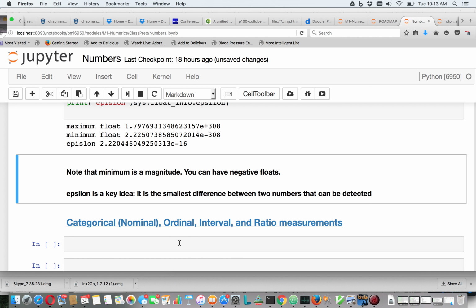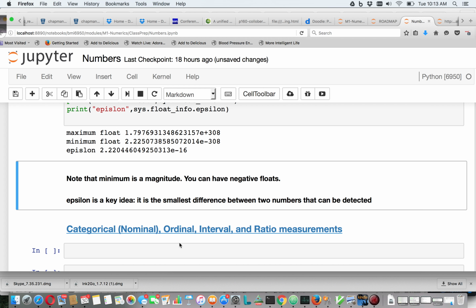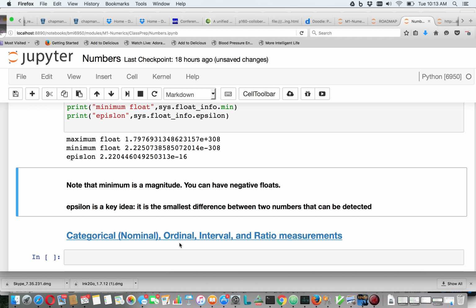There are other kinds of numbers that we might be interested in. And here is a link to a discussion of different kinds of measurements and what kinds of mathematics are meaningful on those different kinds of measurements. There are other kinds of numbers that maybe a mathematician wouldn't consider as a number that Python can deal with.